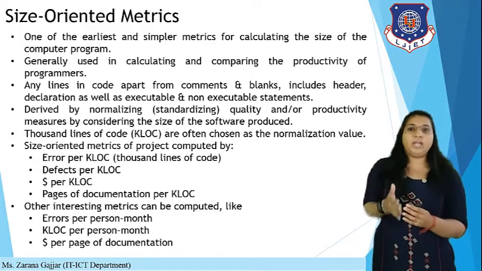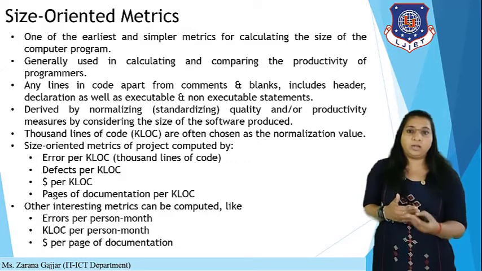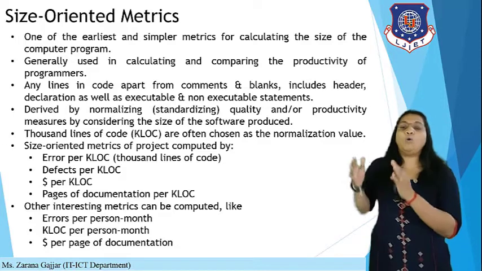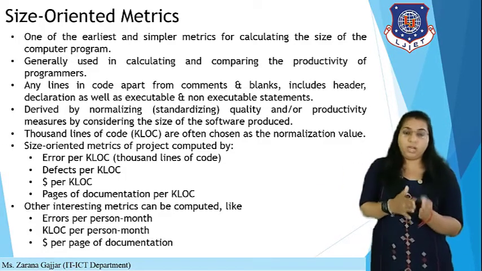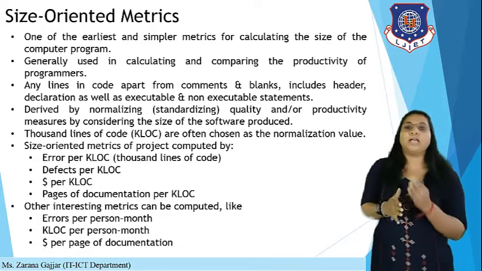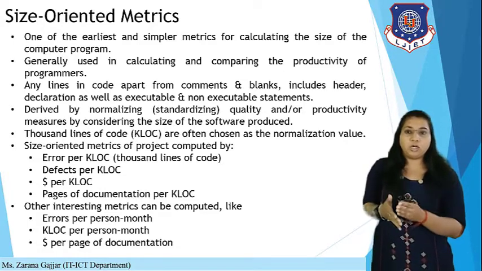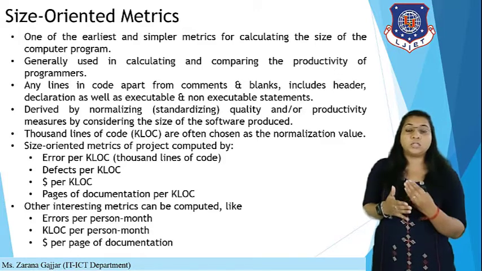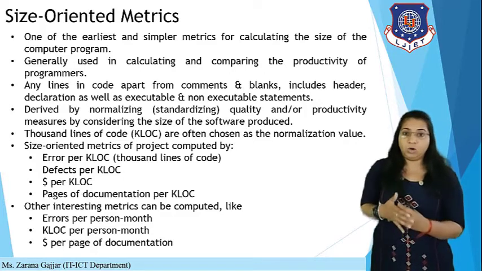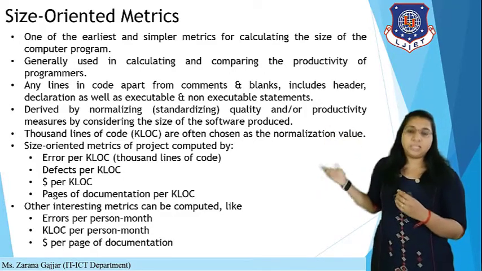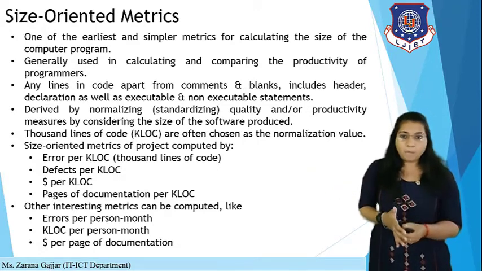Size oriented metrics of a project are computed as errors per KLOC, that is, how many errors per thousand lines, then defects per KLOC, then dollars per KLOC, that means the cost per line of code, then pages of documentation per KLOC. So you can compute various measures by using size oriented metrics.